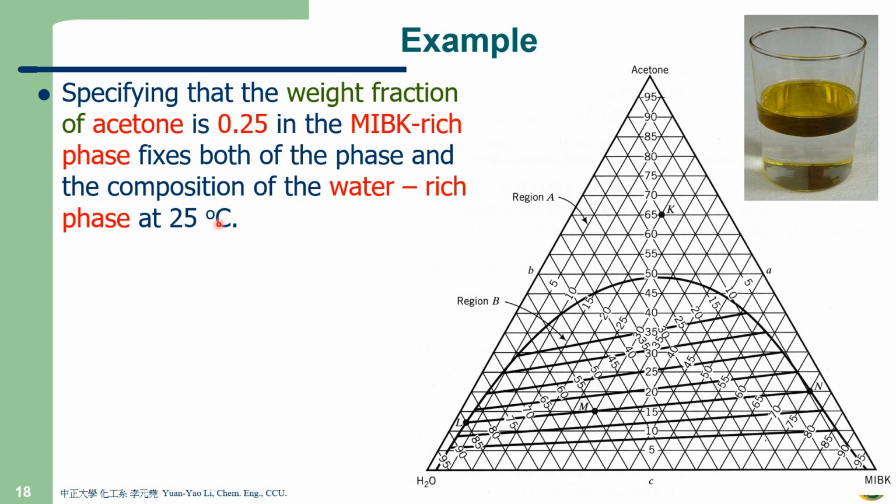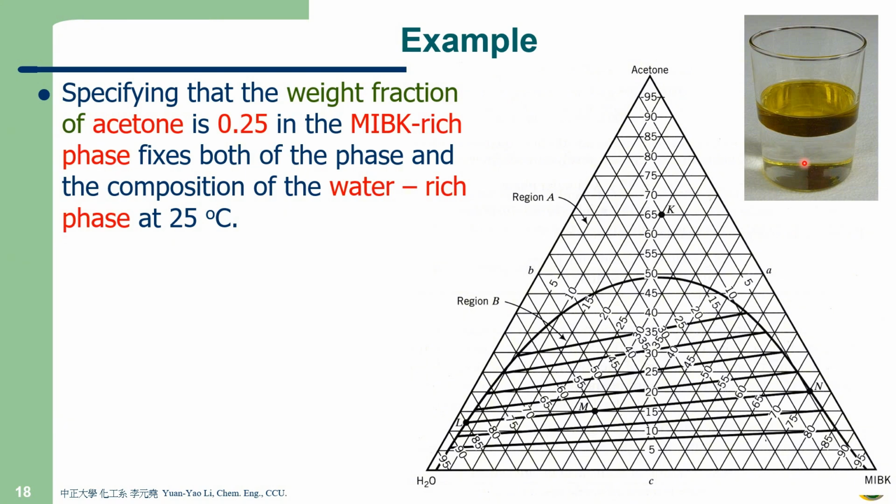What does this mean? In this case, we already know the MIBK rich phase has 25% acetone. For example, this is the MIBK phase, and inside there's 25% acetone.